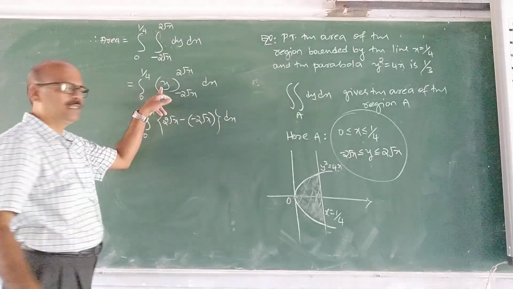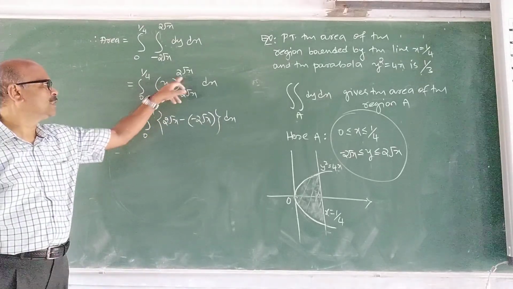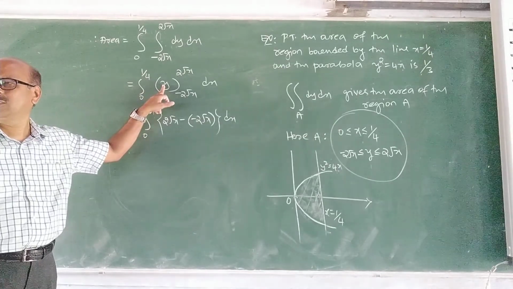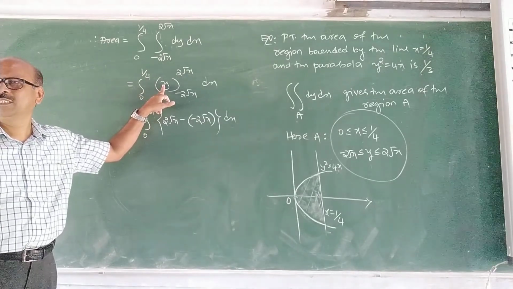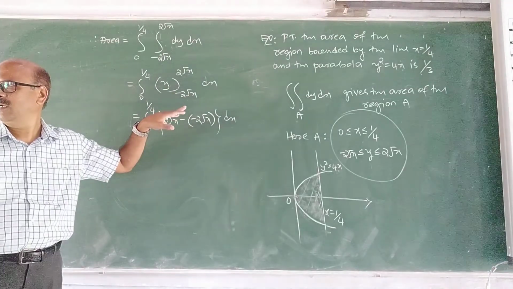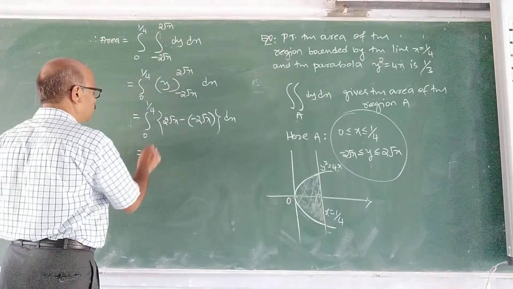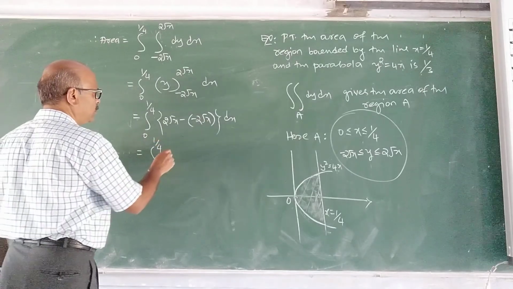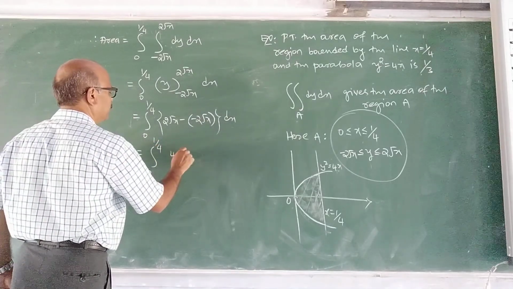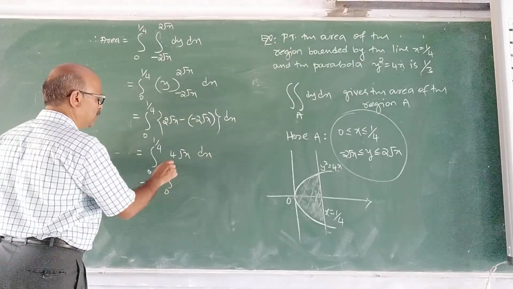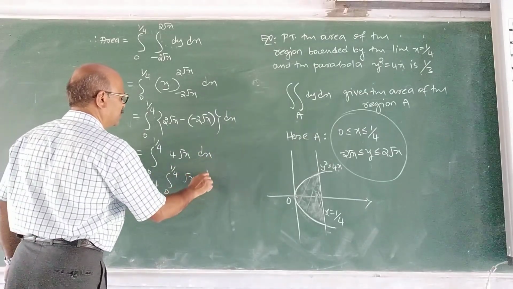How to take the limit? Substitute y = 2√x minus the value of y when y = −2√x. All these techniques you have already studied in single integrals. It is the integral from 0 to 1/4 of 4√x dx, which is 4 times the integral from 0 to 1/4 of √x dx.